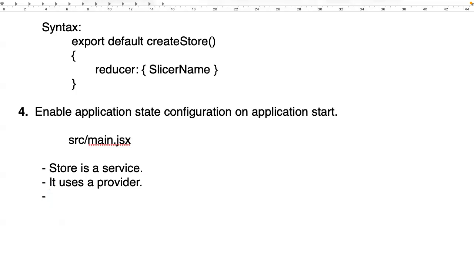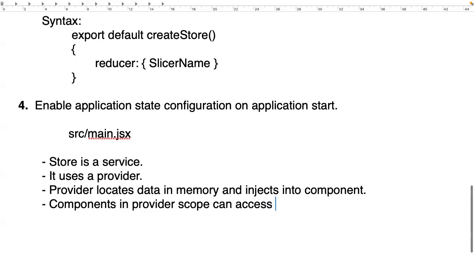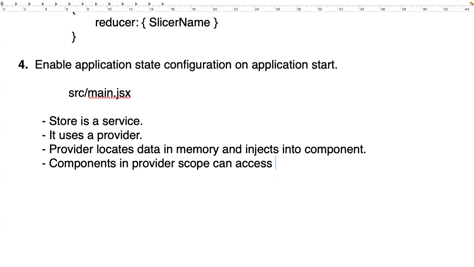In hooks I explained: the provider is responsible for locating the data in memory and injecting it into our component. Components in the provider scope can access the data.